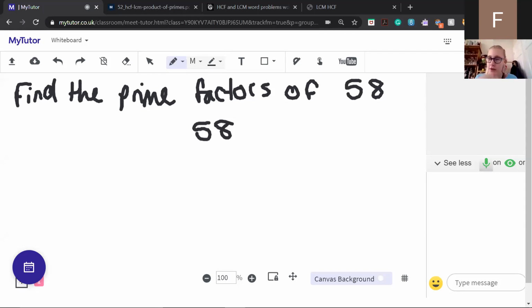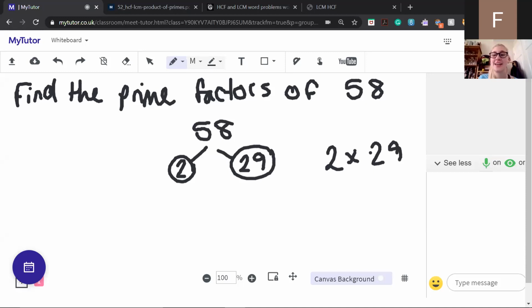So we think of something that goes into 58. The most obvious one is probably 2. So we split it into 2 and 29. Oh, I chose one that's a bad example. And then we circle ones that are prime. So actually here, the prime factorization of 58 is just 2 times 29, because both of those are prime.